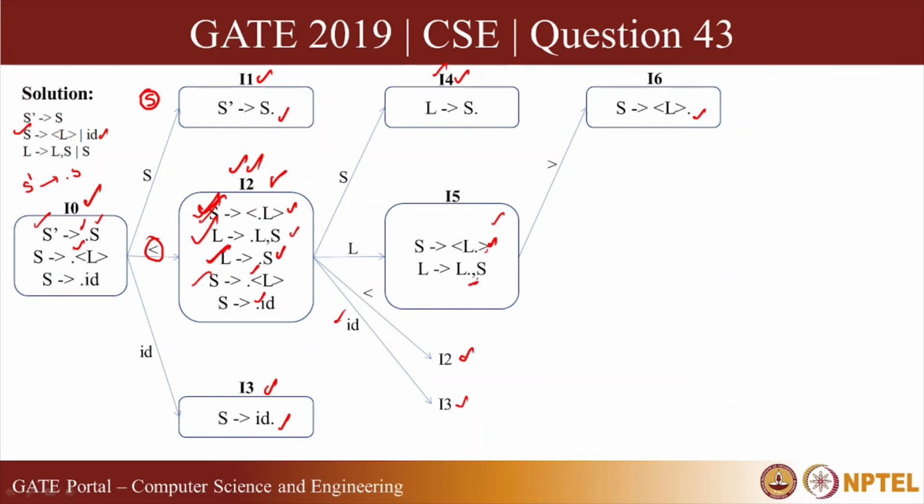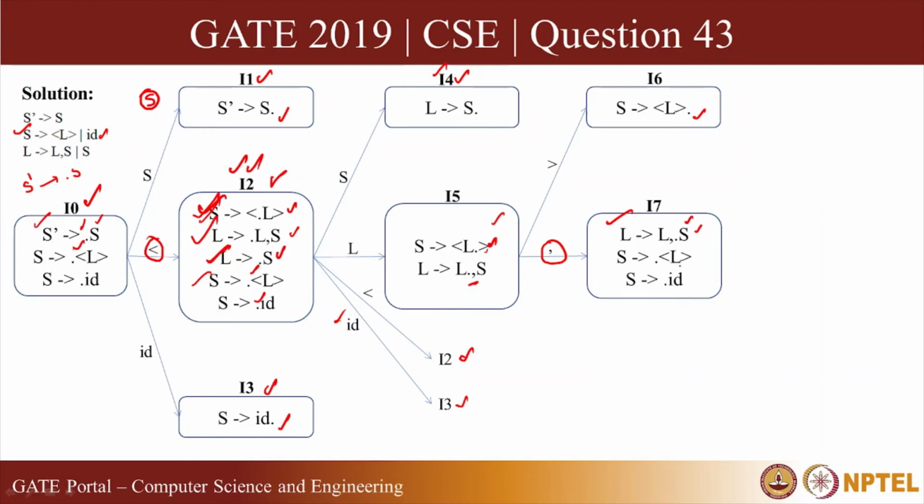And now what is next? Our dot is before some comma. If we are parsing this comma, then the first production rule, L goes to L comma dot, means our comma is passed. Then our dot is before the non-terminal S, and as I told already, for all the production rules that start from that non-terminal S, we need to write them.